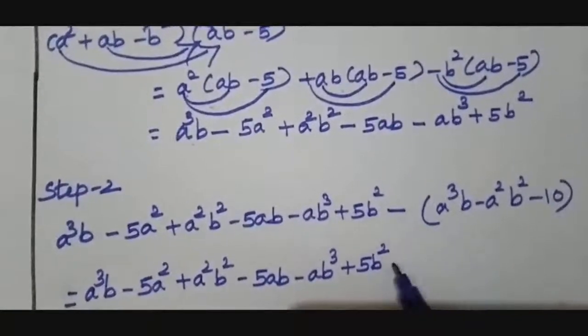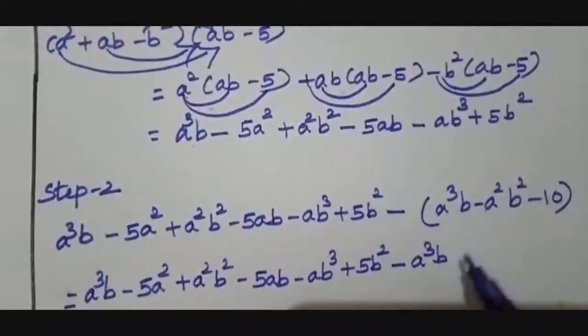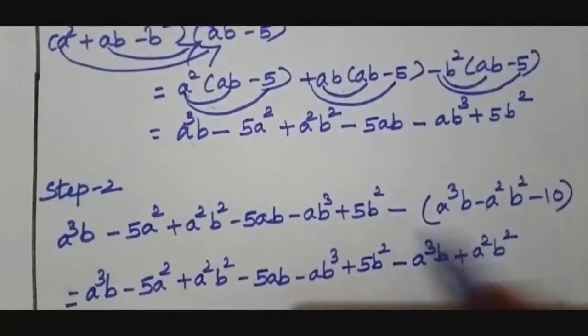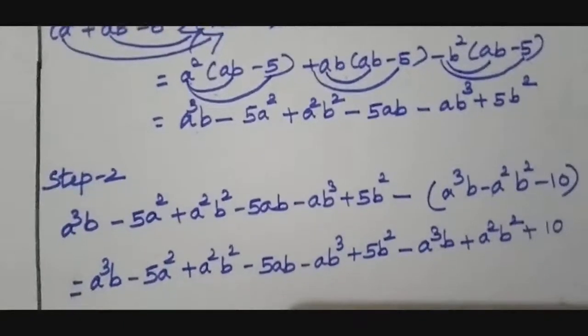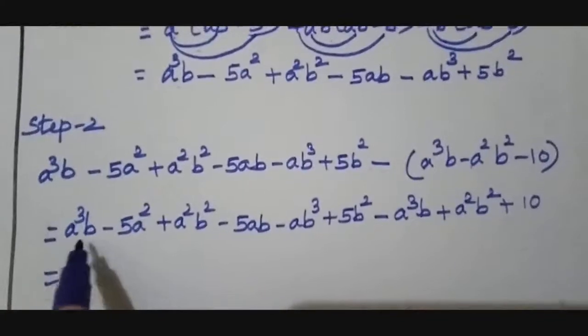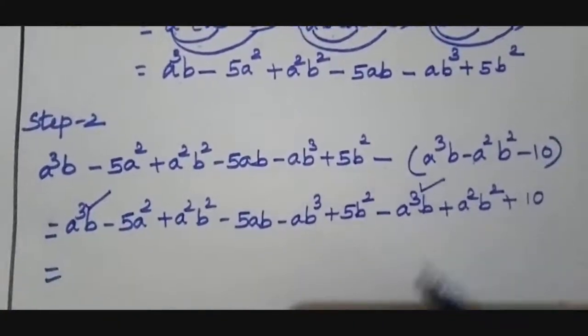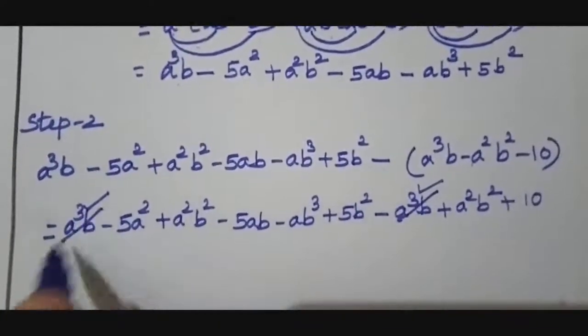Plus into minus is minus a cube b, minus into minus is plus a square b square, minus into minus is plus 10. Now this is plus a cube b and this is minus a cube b. So these two terms get cancelled.